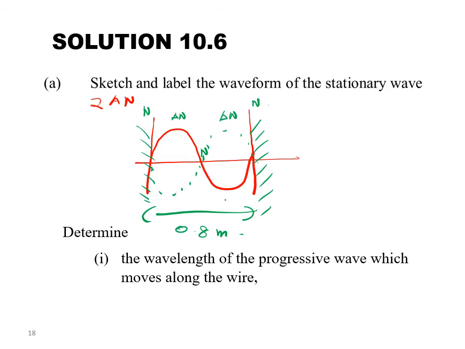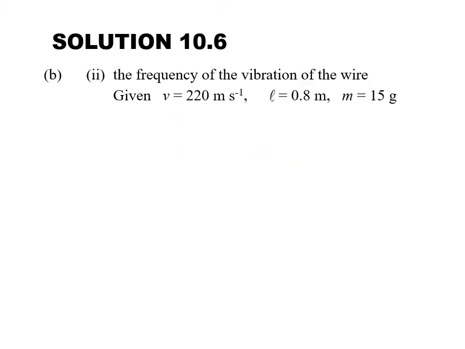You need to determine the wavelength of the progressive wave which moves along the wire. From the figure in A, lambda equals length, so lambda is equal to 0.8 meters. So easy. For the frequency of vibration of the wire, the given velocity is 220 meters per second, length 0.8 meters, and mass 15 gram.